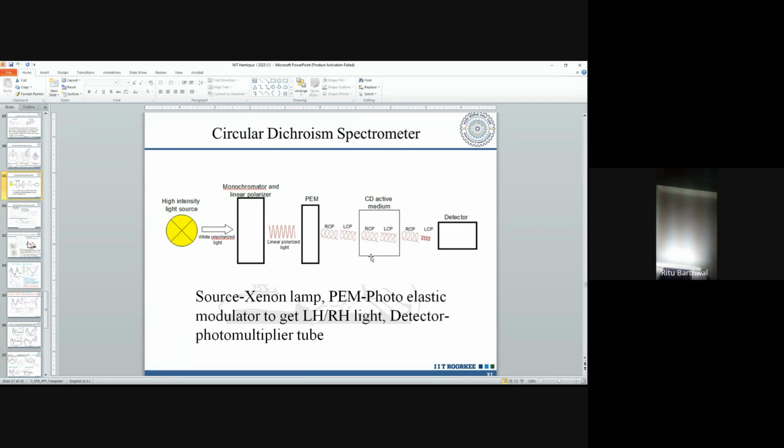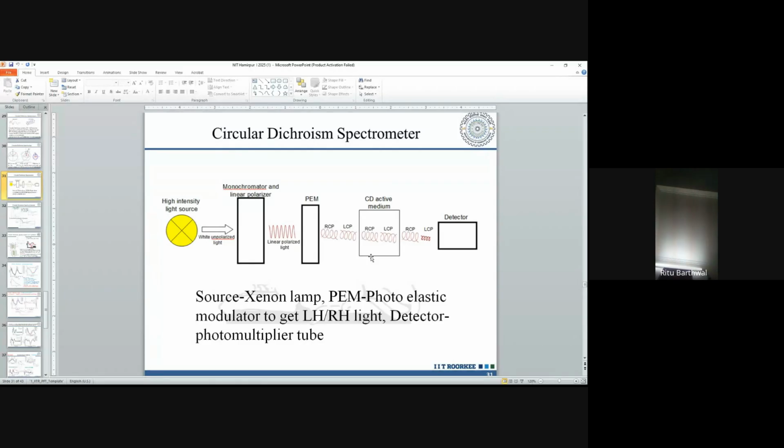And your CD value, the absorption, is going to be 0.0001. So it's a very sensitive technique, very specialized sources and detectors are used, and their efficiency is very high. And it is nothing but absorbance LH minus absorbance RH, and it comes from asymmetry.